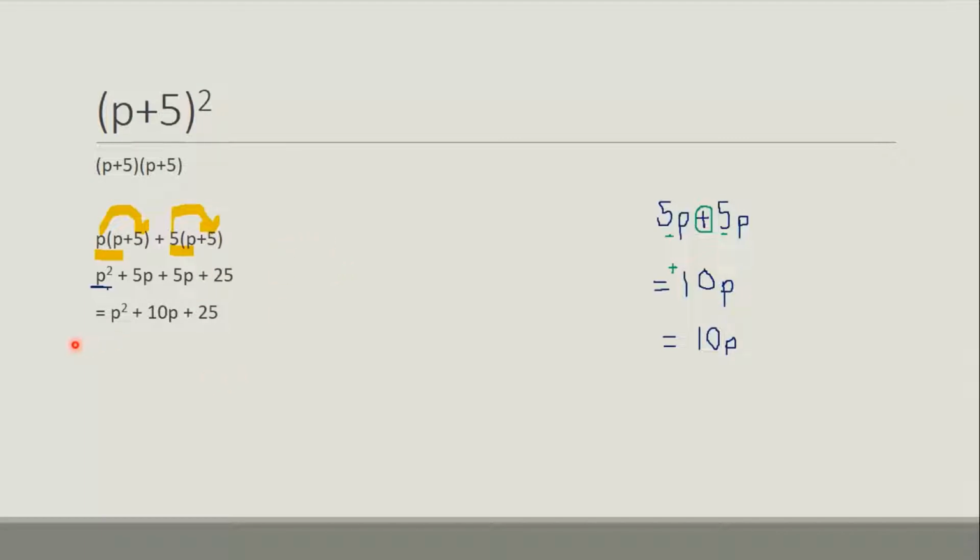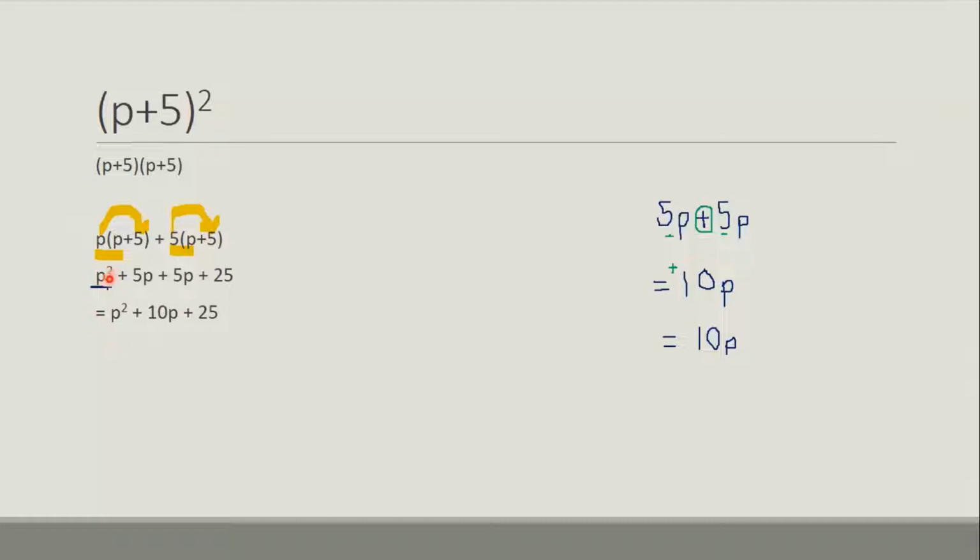There's also another thing when you're multiplying letters with numbers. If you have 5 times p, all you have to do is add the p after the 5, which is 5p. So we get p squared from here, plus 5p, plus 5p from this side, plus 25.